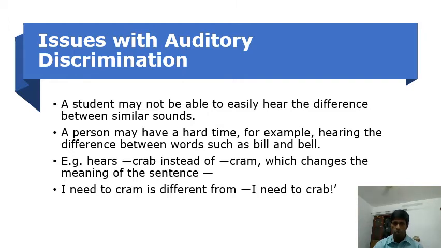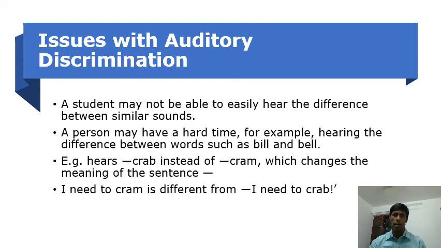Another set of problems or issues is with auditory discrimination. A student may not be able to easily hear the difference between similar sounds. For example, a person may have a hard time hearing the difference between words such as bill or bell. Some students may not be able to distinguish these two words.